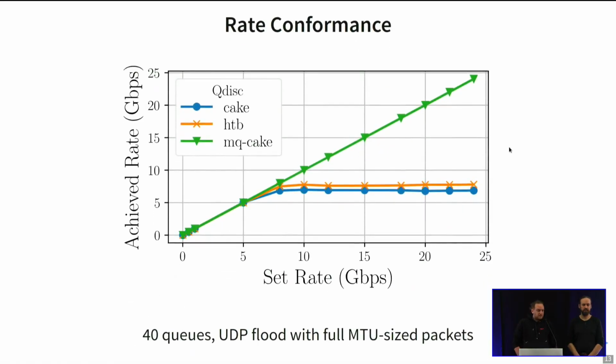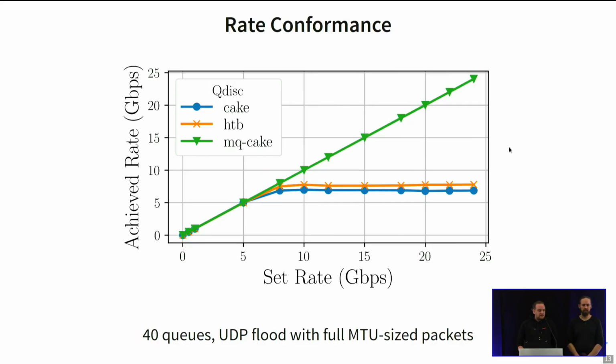In the first plot, we have a comparison between single-queue cake, HTB, and MQ-Cake, and we are interested in the rates that MQ-Cake can enforce. We can see that MQ-Cake is able to achieve rate limits up to 24 gigabits per second and probably beyond, but we were capped by our hardware capabilities.